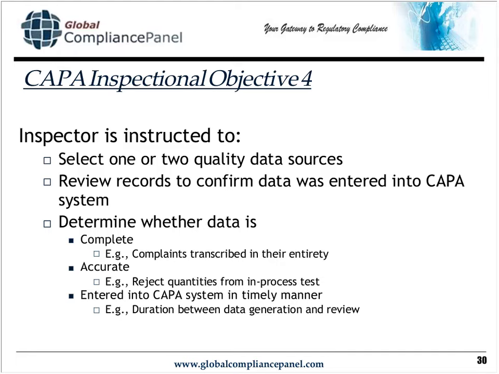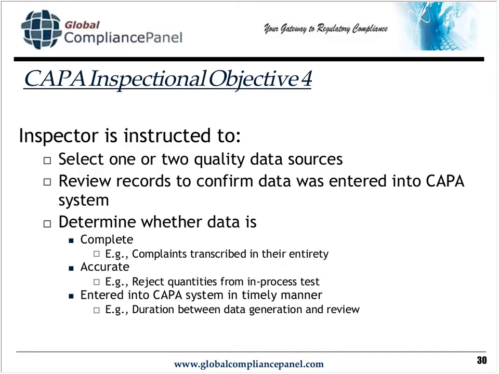And timeliness. There's no way to define timeliness, but the inspector can tell you whether something is not that timely. What they're going to look at here is when the data was generated, when the incoming product was rejected, for example, and when that rejection was analyzed, was fed into your CAPA system.